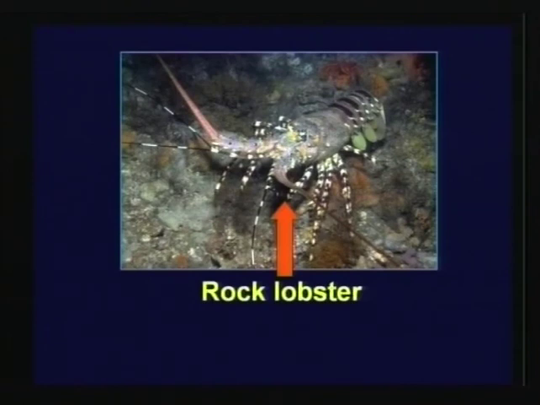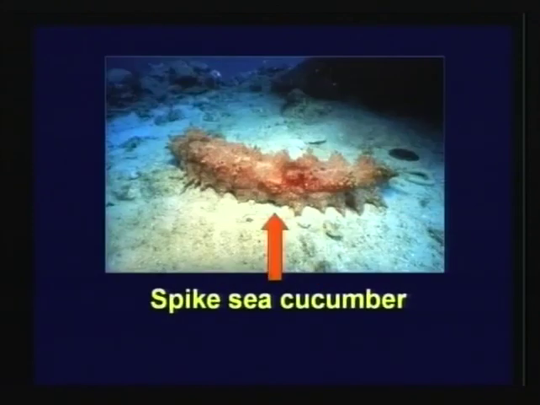Our next picture. Spiked sea cucumber. There are varieties of sea cucumbers, but this is one type which has body surface with spikes or like little horns growing on them. So this is one type of sea cucumber.